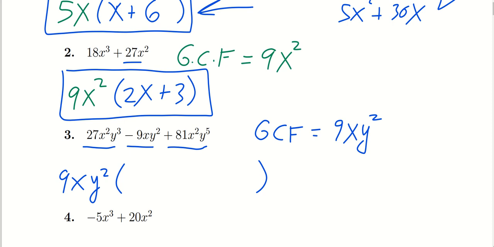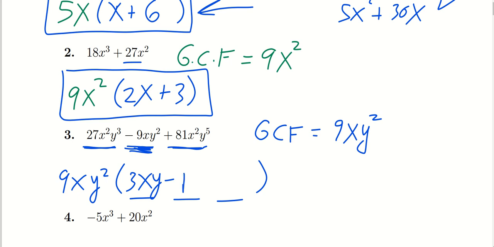Keep in mind that when you're factoring out a GCF, if you start with 3 terms, then you should have 3 terms in the factoring grouping when you pull it out. If we factor a 9xy squared out of the first term, we're going to be left with a 3xy minus, when we factor it out of the second term, notice that we're pulling out exactly everything that we have there.